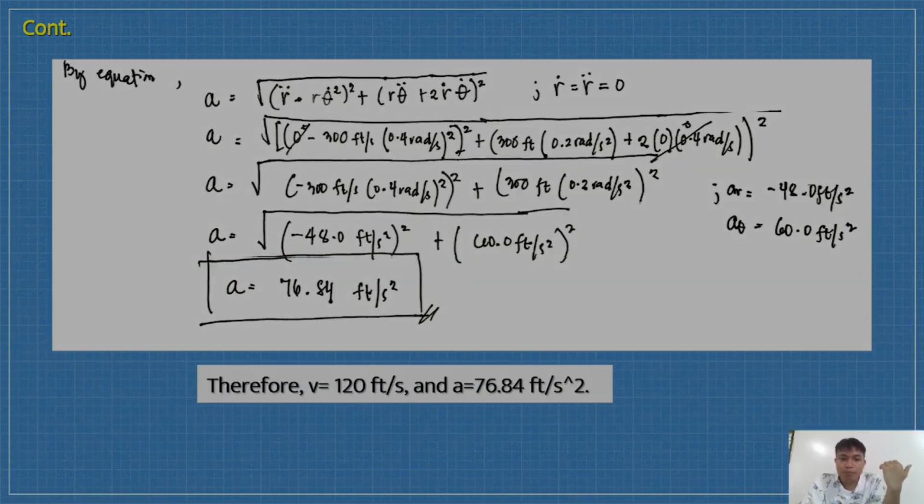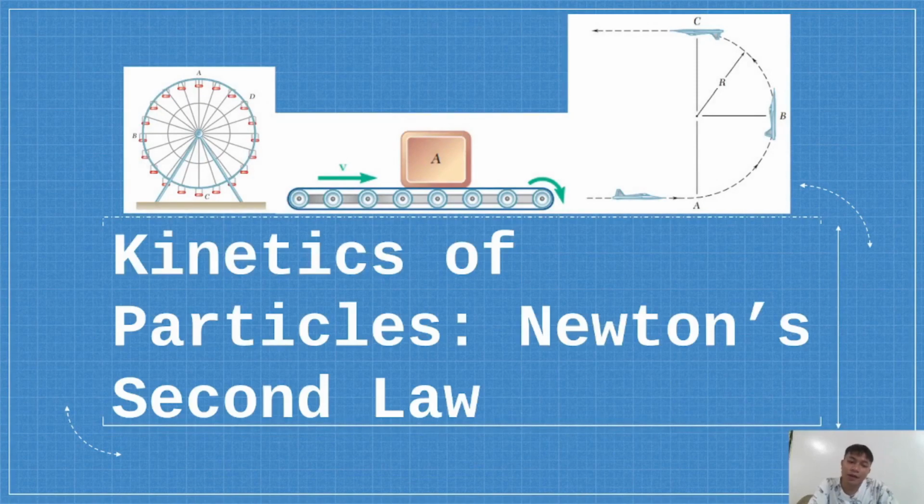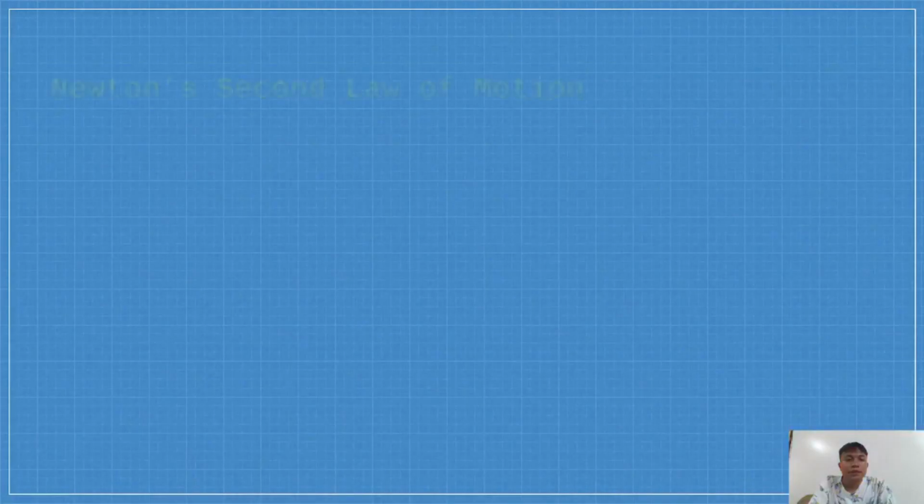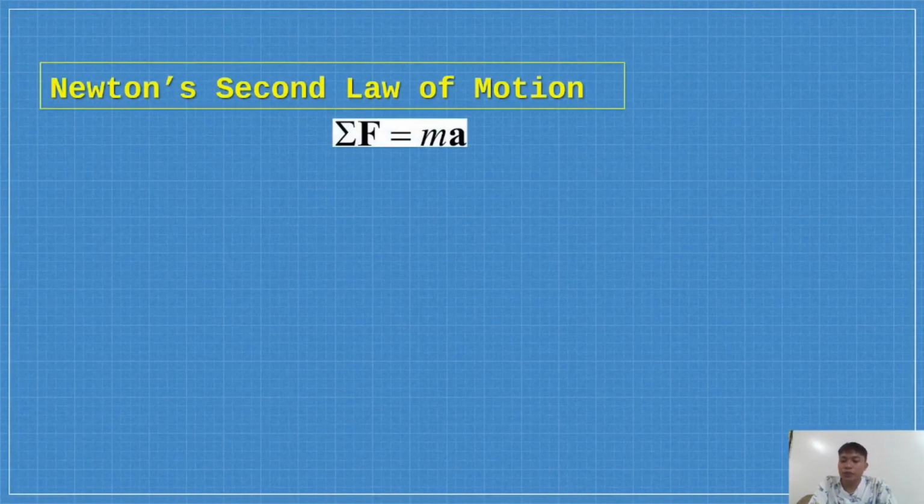So now let us talk about the kinetics of particles, lecture 2, which is all about Newton's second law. Newton's second law of motion states that the summation of forces is equal to the mass times acceleration.